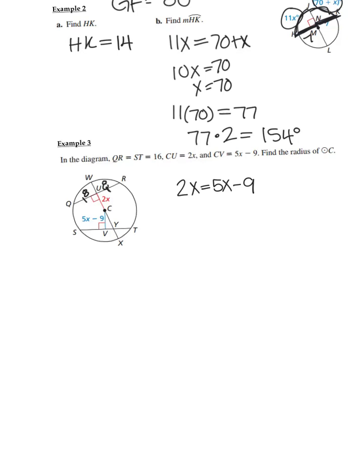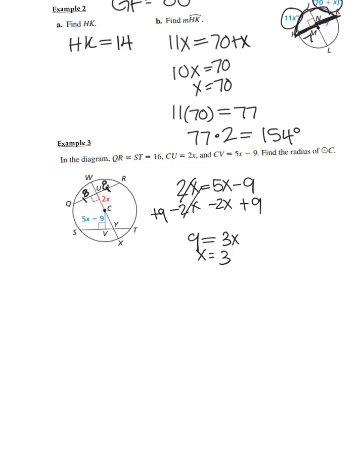So I'm going to set them equal to each other, and I'm just going to solve for x. I'm going to subtract 2x on both sides, and I'm going to add 9 on both sides. So these cancel. I'm left with 3x equals 9, and then x equals 3.